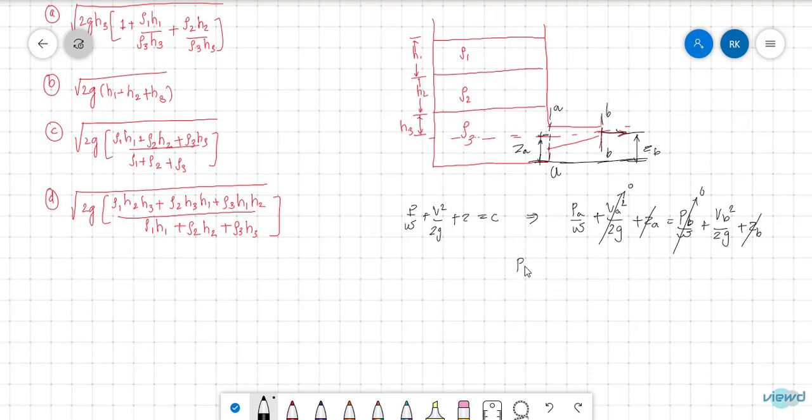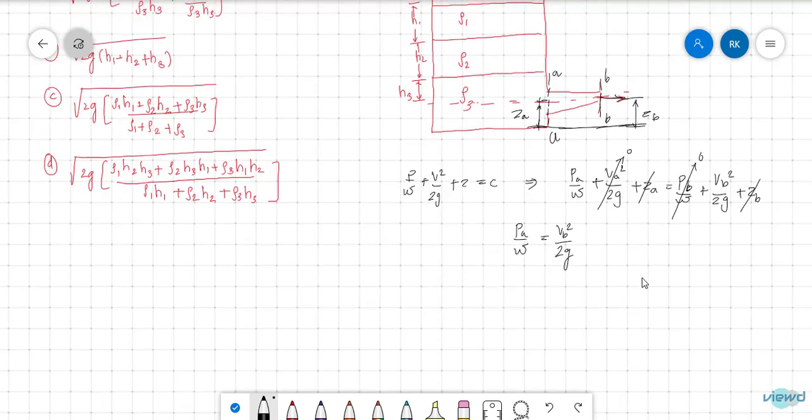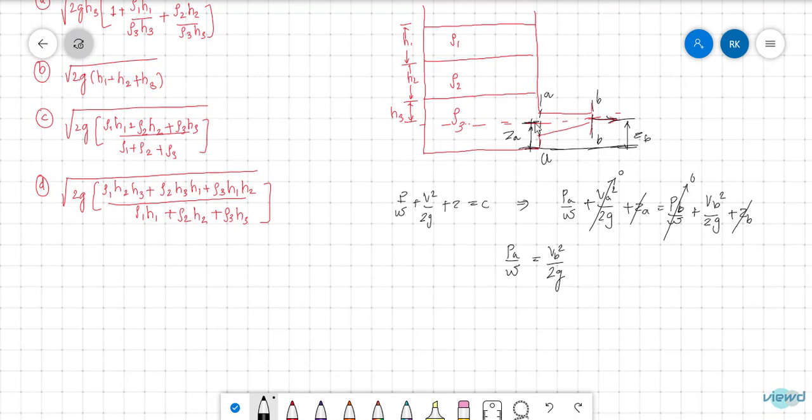So the remaining is PA by W is equal to VB square by 2G. So what is PA? Here H1 plus H2 plus H3 is equal to H. P is equal to WH.